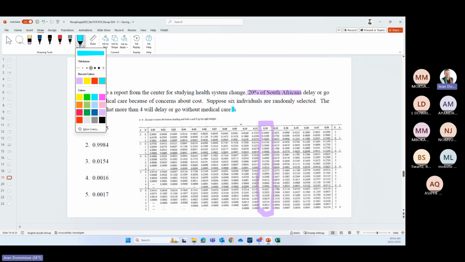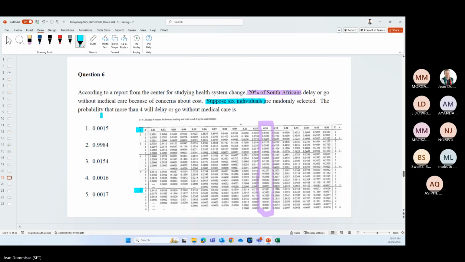Suppose that you have 6 individuals, so n is 6, and the probability that more than 4. More than 4 means not 4, but 5 or 6. So more than 4 is basically looking at 5 and 6.